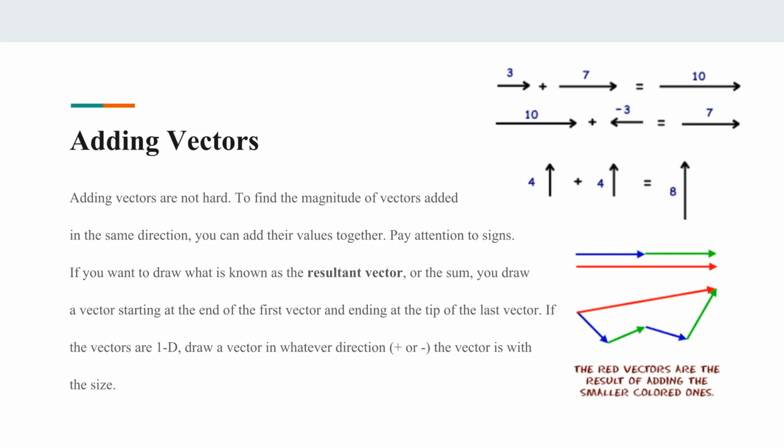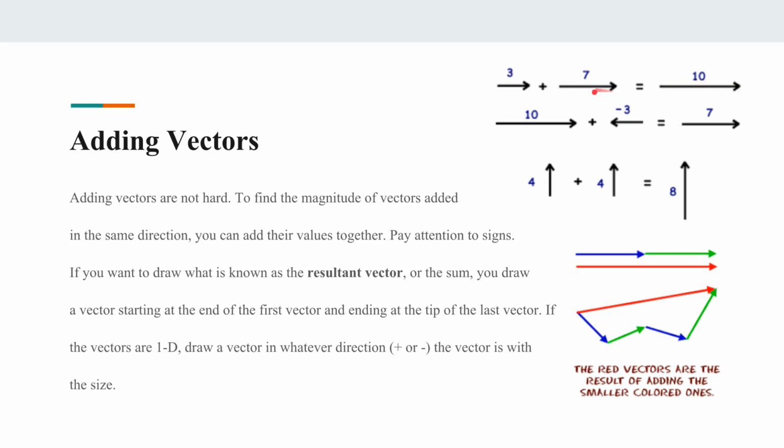It's not really hard adding and subtracting vectors. To find the magnitude of vectors added in the same direction, or opposite direction, in one dimension, you can add their values together. In this example, you have a vector facing toward the right, that's 3, plus another vector facing toward the right, which is 7, equals a longer vector, which is 10.